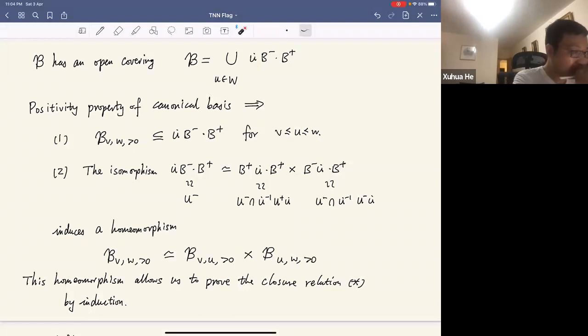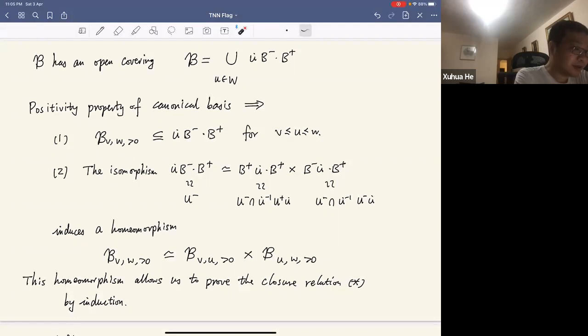And what we're going to do is use the positivity properties of the canonical basis, and also use the definition of the totally non-negative part of the flag variety in terms of the canonical basis.